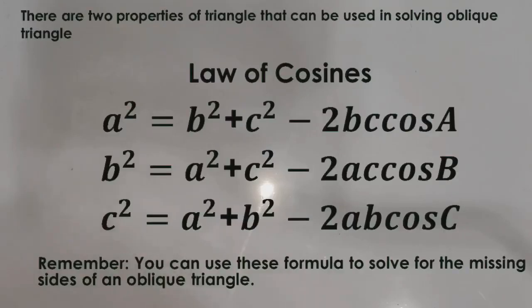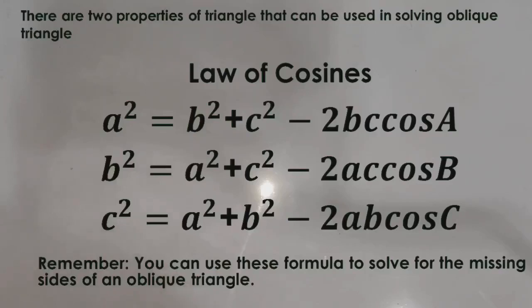Then, sa laws of cosines, kapag hinahanap natin ang sides, ito yung gagamitin natin. So, a squared is equal to b squared plus c squared minus 2 times b times c times the cosine of a. Pag side b naman yung nawawala, b squared is equal to a squared plus c squared minus 2 times side a times c times the cosine of angle b.